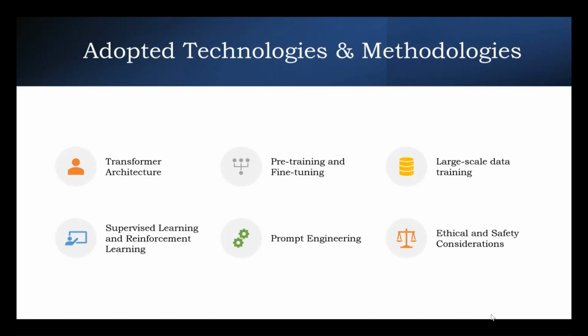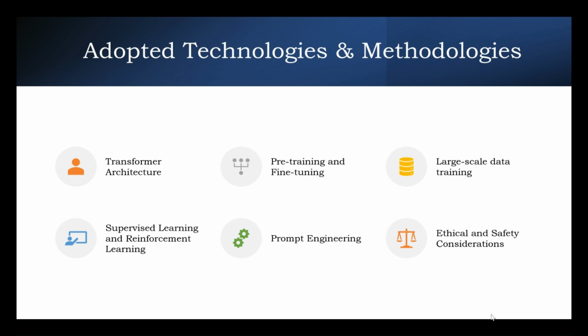Transformer architecture means ChatGPT is based on the transformer architecture. We told that it depends on the deep learning architecture specifically designed for natural language processing tasks. The transformer architecture utilizes the self-attention mechanism to capture the relationships between the words or tokens in the given text.